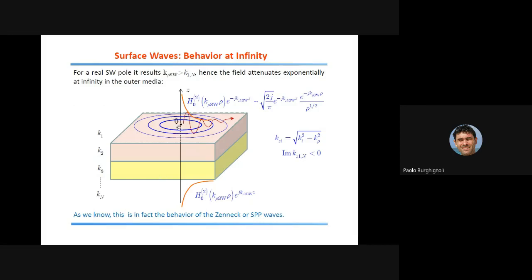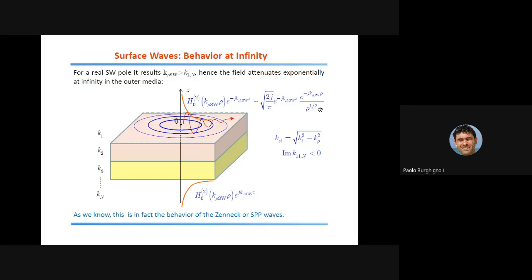Instead, if you observe what happens in the xy plane, the wave is described by a Hankel function of the second kind, which asymptotically behaves like an exponential e to the minus j k rho surface wave times rho, divided by rho to the 1/2.